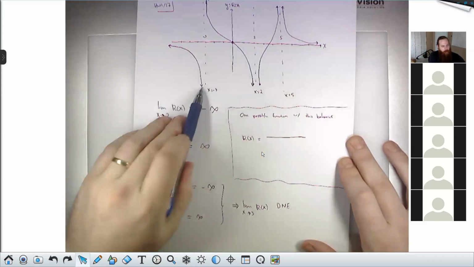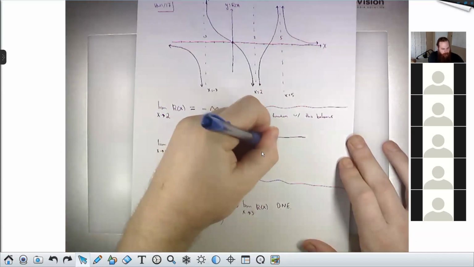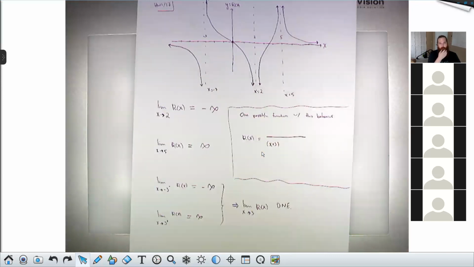And since we're going down on one side and up on the other, the multiplicity has to be odd. So x plus 3 to the 1, or x plus 3 to the 3, all of those would be factors that could contribute behavior looking like this.